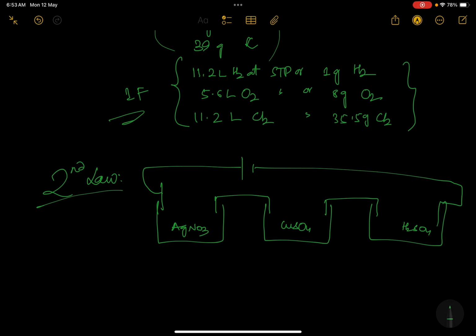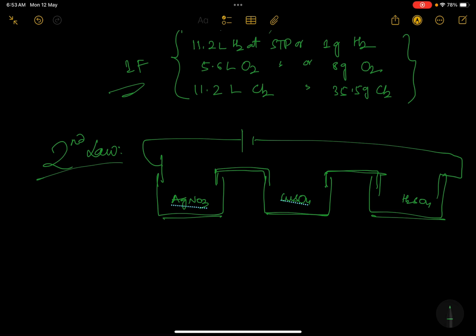When more than one container is taken and they are equipped with different electrolytes, the condition is they must be connected and the same quantity of electricity is passed. All these are aqueous solutions. So tell me, what are the products here? Silver and oxygen, correct? Here copper and oxygen, correct? And here hydrogen and oxygen.